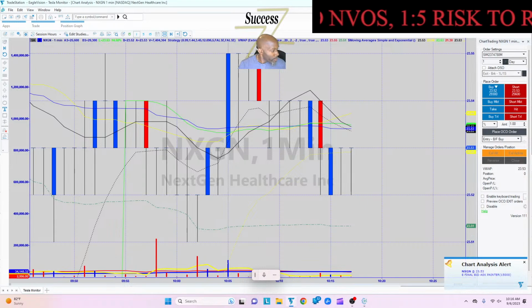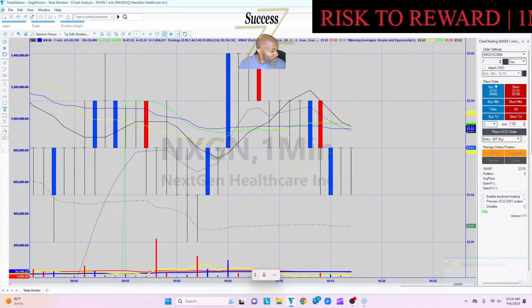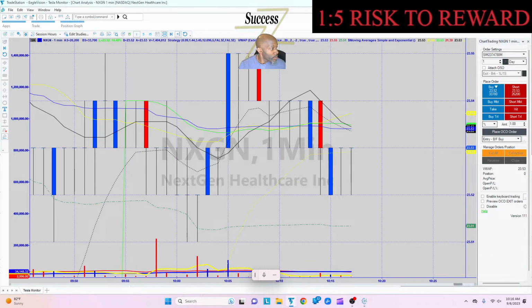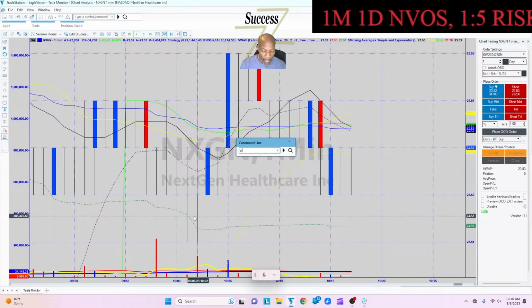Radar screen. Back to page 7. Palette. 1% gainers. Percent change. Net percent change. Let's go to palette.